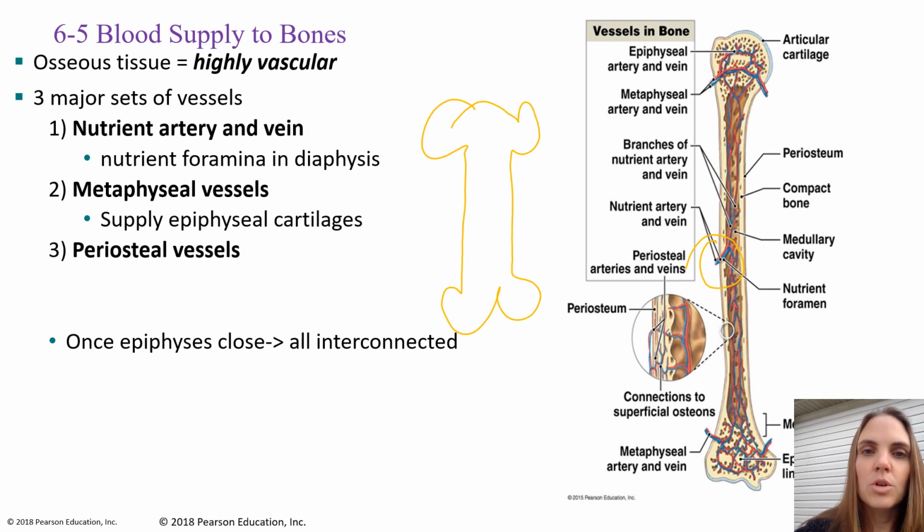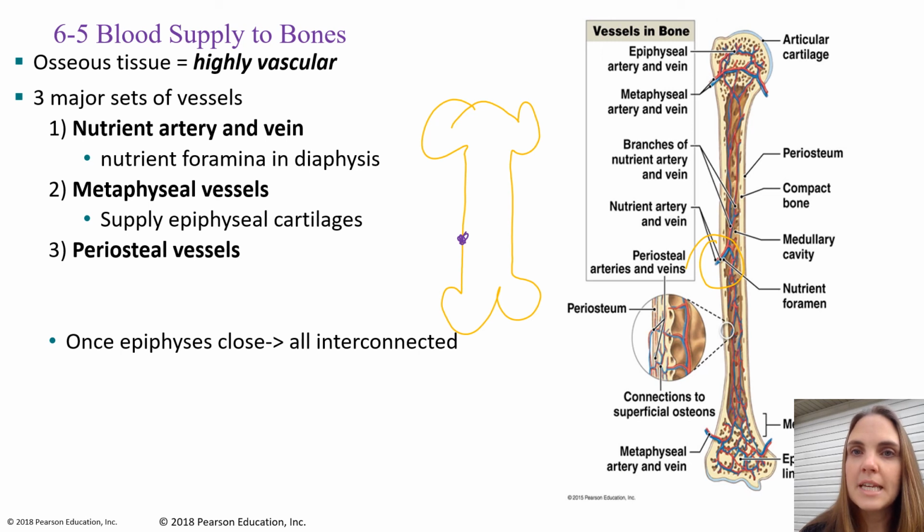And when you look at the diaphysis, you might actually see a hole or a radiolucent spot within the diaphysis. And if you weren't aware that we had this nutrient foramina, you might be worried that there was a fracture there, but it's actually a normal structure because we do need to have a passageway for those blood vessels to enter the diaphysis.